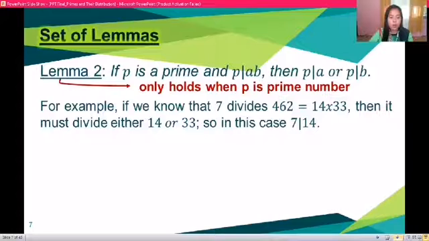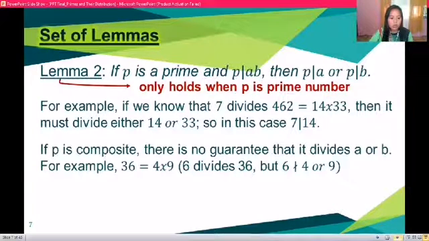What is more important is to understand that this lemma only holds when p is a prime number. If p is composite, however, then even though it divides a times b, there is no guarantee that it divides a or b. For example, consider 36, which is equal to 4 times 9.